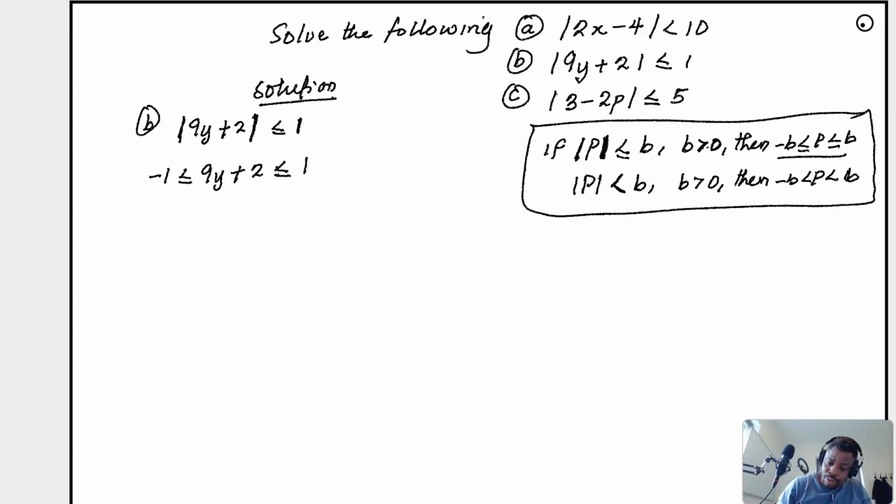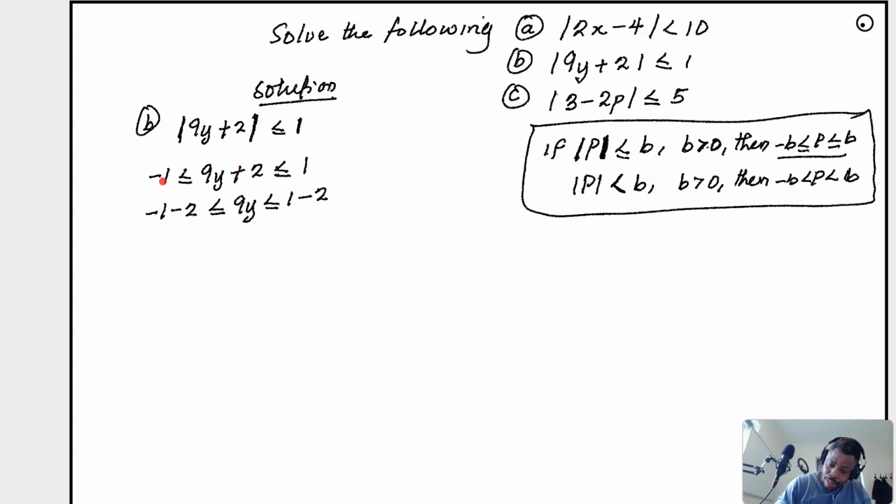Okay, I'm going to use the fast method to solve this. I'm not going to separate it. Now, 9y plus 2, let's take plus 2 to the left and plus 2 to the right. If plus 2 is coming to the left, it's minus, and coming to the right is also minus.